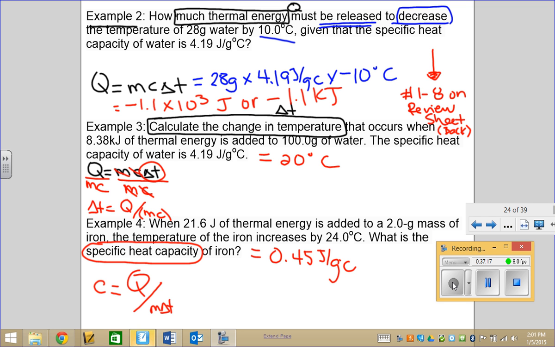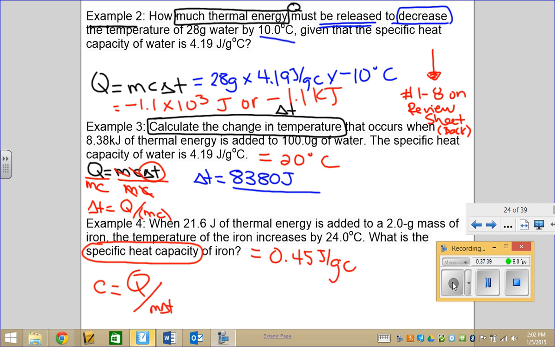Now in the second one here, so example number 3, to calculate the change in temperature, I would have taken not 8.38 kilojoules, but 8,380 joules. It makes a difference because the value for C is measured with joules.